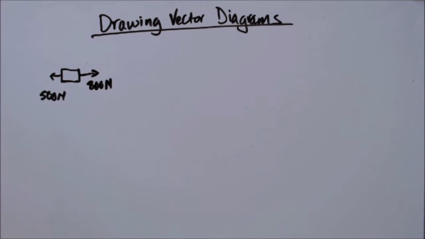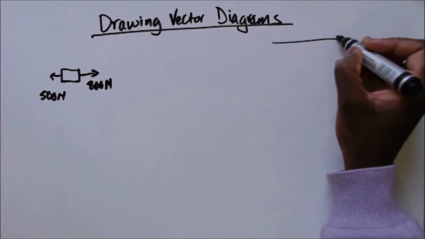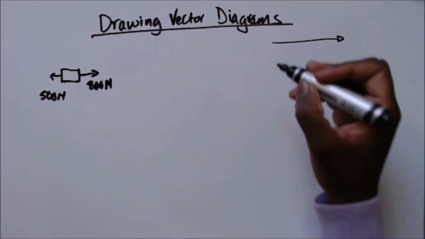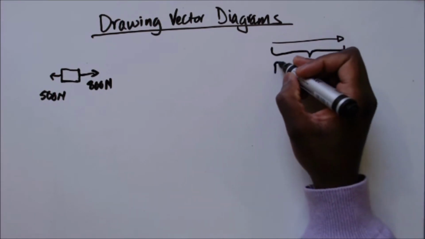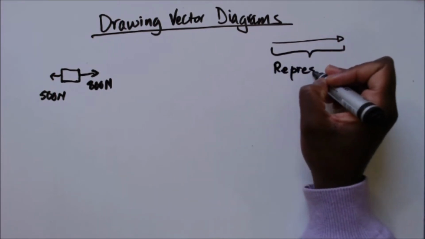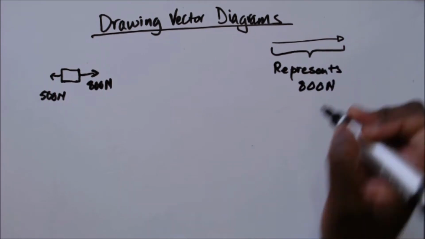A vector diagram represents each vector as a line with an arrowhead at one end of the line showing the direction. So we could represent this 800 Newton vector by a line like that, where the length of the line, that length there, represents 800 newtons.